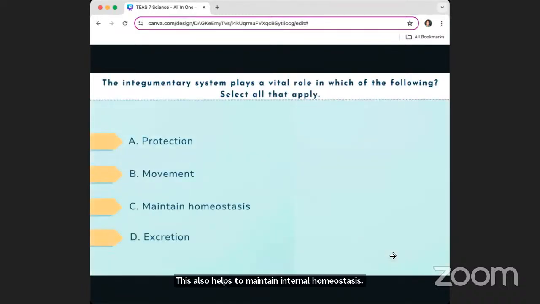So let's do a quick check on your understanding so far. The integumentary system plays a vital role in which of the following? Select all that apply. I'll give you 1 minute to think through your response.